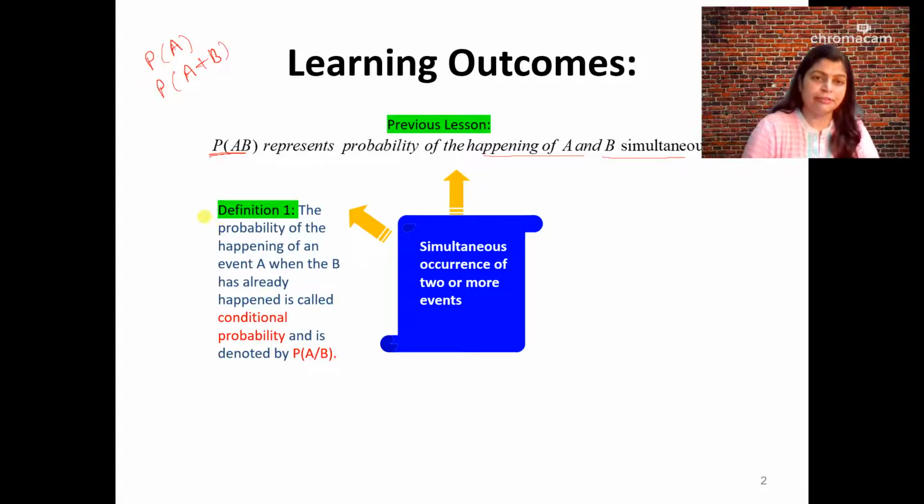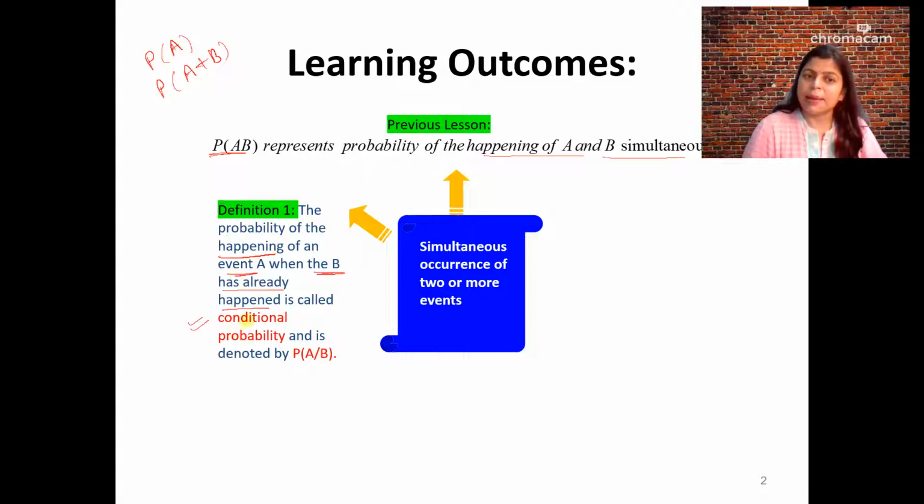The definition says the probability of happening of an event A when the event B has already happened is called the conditional probability. We are talking about two events here, but there's a condition that one event has already happened, and now we are finding the probability of happening of another.